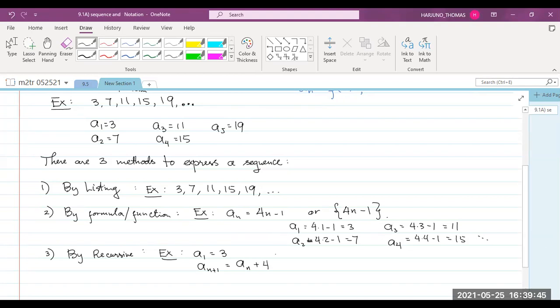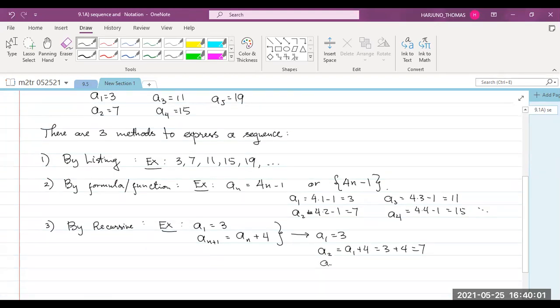So if you build that using this, we see that the first term is 3. The second term is the first term plus 4. The third term is the second term plus 4. The fourth term is the third term plus 4, and so on and so forth. Okay, now these are 3 different methods to express a sequence.